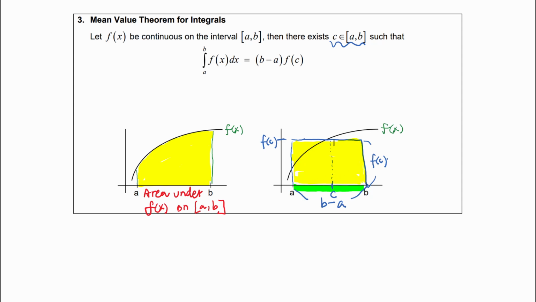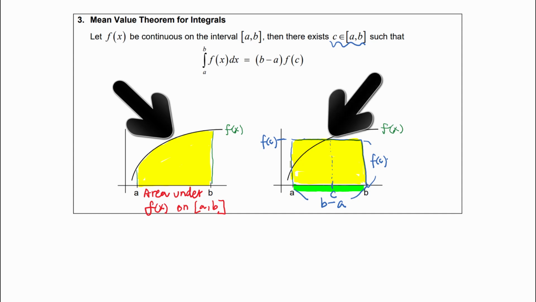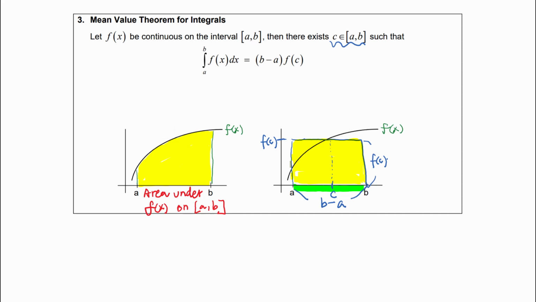If f is a continuous function on a closed interval a to b, then there exists a c that gives you the height of a rectangle such that the area under the curve from a to b is exactly equal to the area of a rectangle whose base is b minus a and whose height is f of c. They're saying such a c exists, is what this theorem is saying. All right, I hope you understood.